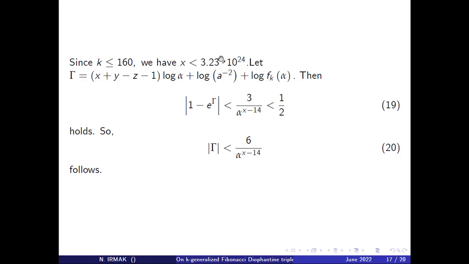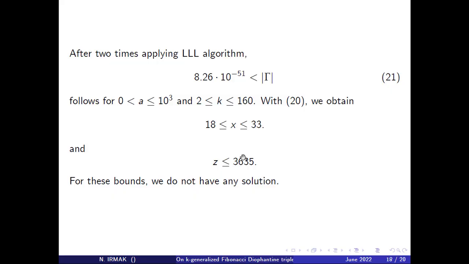This number is a very huge number. So our aim is to reduce this number to find the solution by using Mathematica. Let gamma be this number, and then we obtain that gamma is less than 6 over alpha power x minus 40. After applying the LLL algorithm two times, here I don't give the details of these calculations because there are lots of calculations.